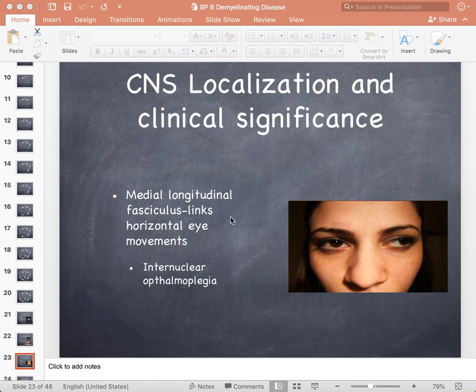So this woman right here is trying to look to the left, and this is a lesion of her right medial longitudinal fasciculus. So cranial nerve 6 and lateral rectus is fine, but her adducting eye, her right eye, is not able to look medially. We frequently see this in demyelinating disease, and if you have bilateral internuclear ophthalmoplegia, if we were to ask her to look to the right side, the right eye could abduct normally, but the left eye would not be able to adduct.